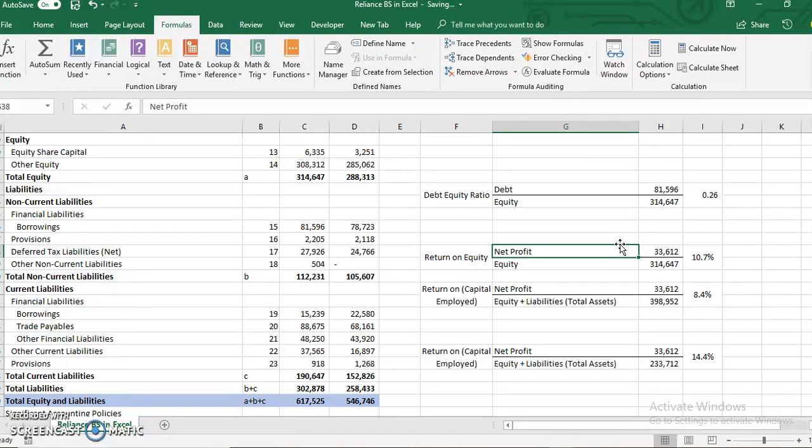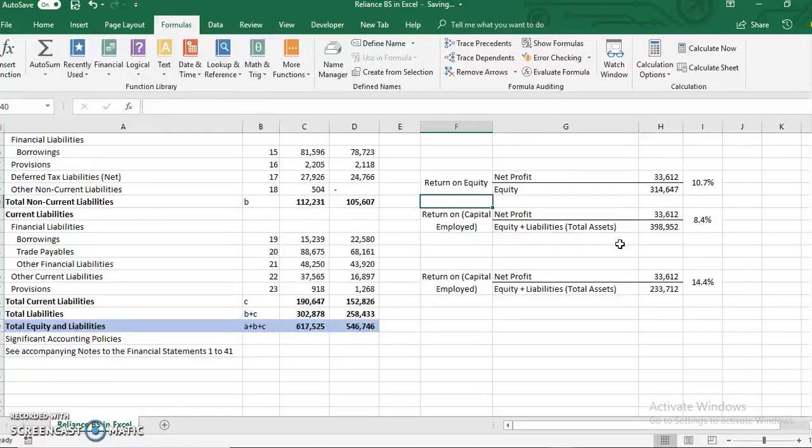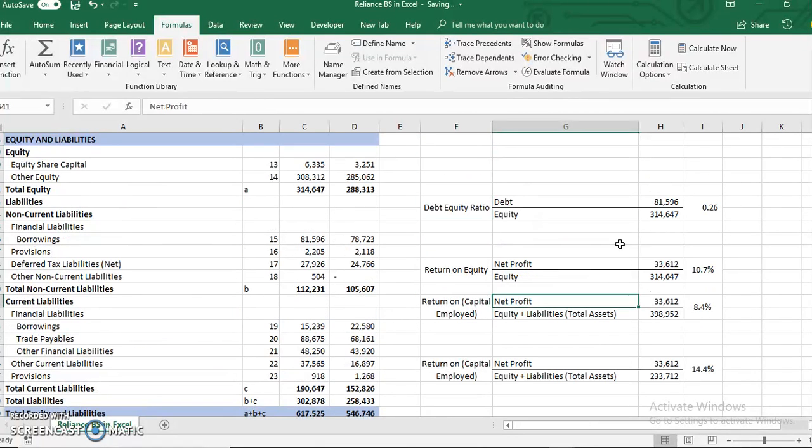Now there is the return on equity ratio. Return on equity means the net profit divided by equity, which is about 10%. It's not a lot. Last year you cannot compare because I am missing the formula. This ratio also needs to be compared with other companies.